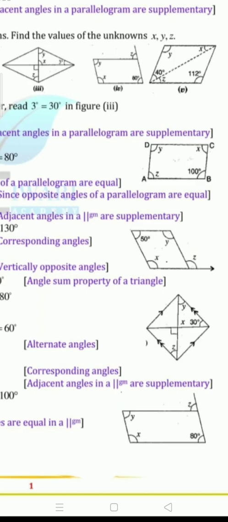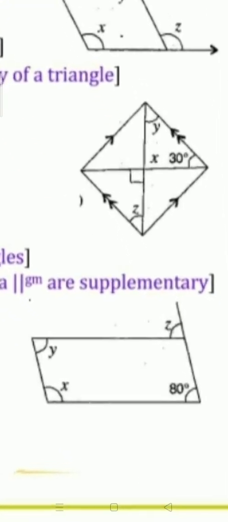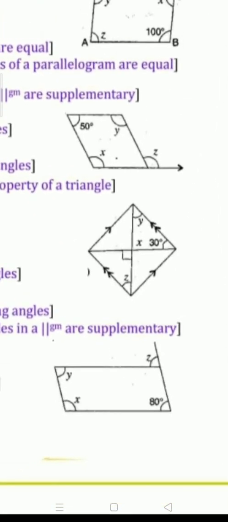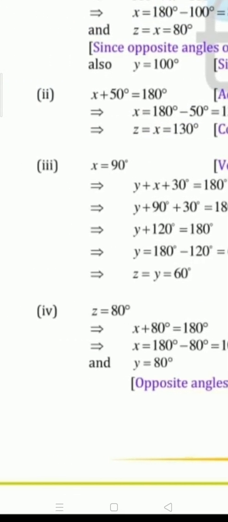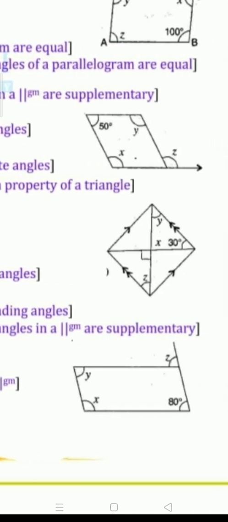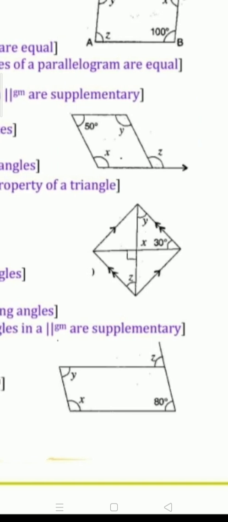Now what about z? Now kids, if you take these two as parallel lines, the line with y as an angle and the line with x as an angle, and if you take the line z as a transversal, what will you see? 80 degrees and z are both corresponding angles.